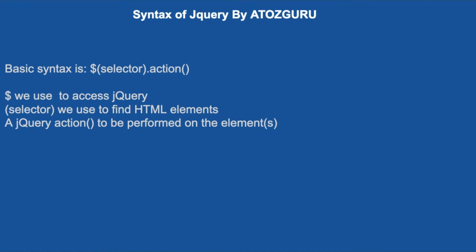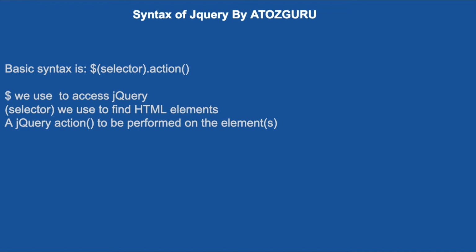We use the selector to find HTML elements. Suppose we have an element like a paragraph or another element, so it will find it; or suppose we write an id or we have a class, by that we can find it. And the action is whatever action we need to perform, we write in that.